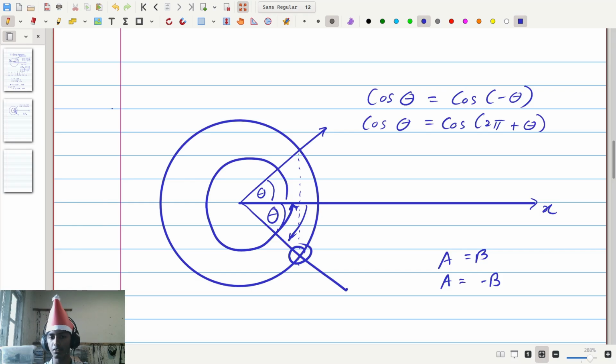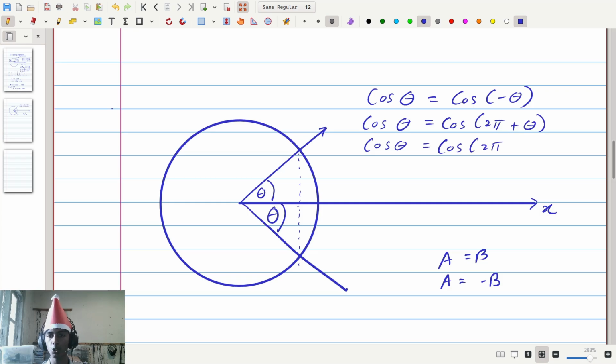What we did to get to this direction is rotate a full 2 pi radians in the clockwise direction and then a negative theta radian distance. So the cosine of theta is also equal to the cosine of 2 pi minus the angle theta. You might see where this is going, but I'll do one more.